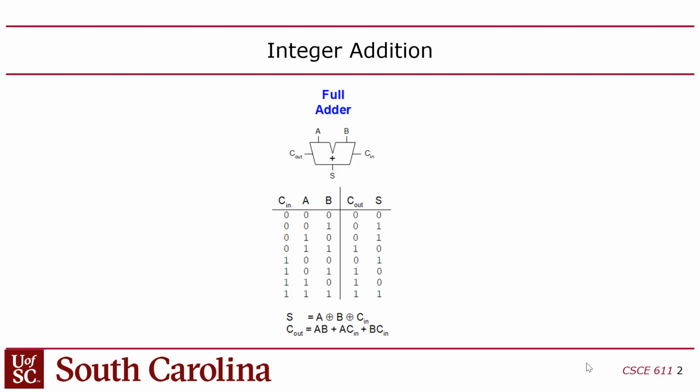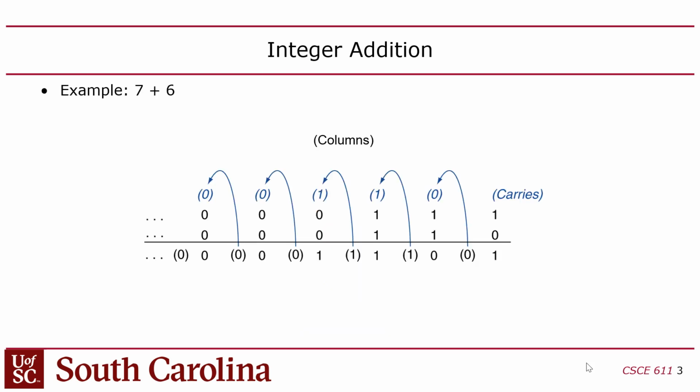And then there's a carry out that goes to the next column to the left. So if you have a multi-bit adder, you just associate one full adder with each column, with each of the corresponding bits.